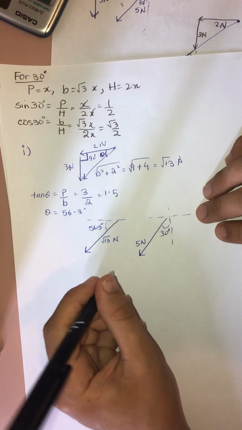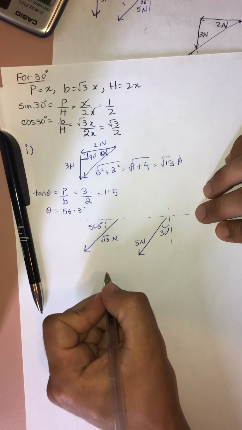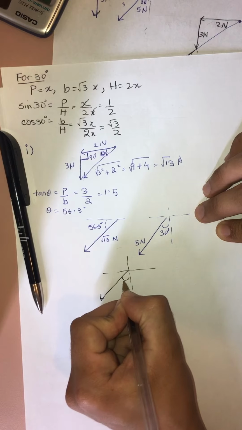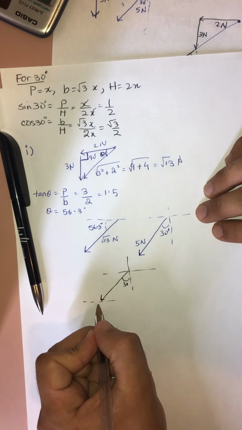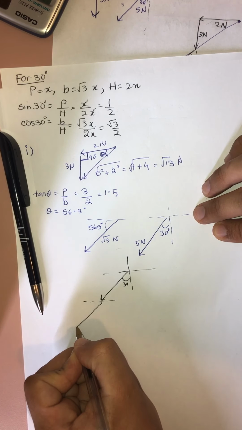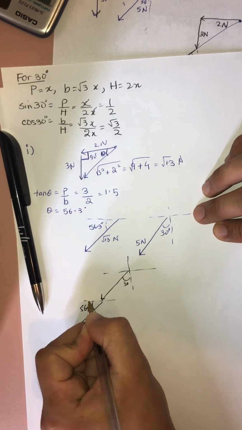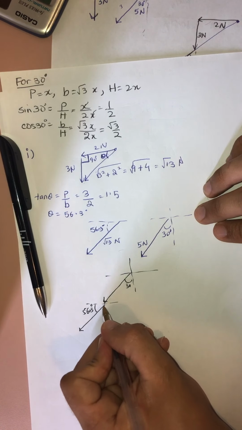So this is your first vector, which is making 30 degrees with the y-axis, and then you have the second vector which is making 56.3 degrees. It should be something like this.